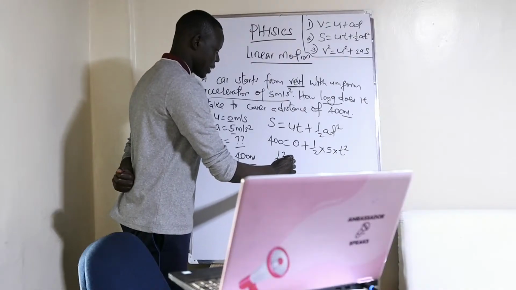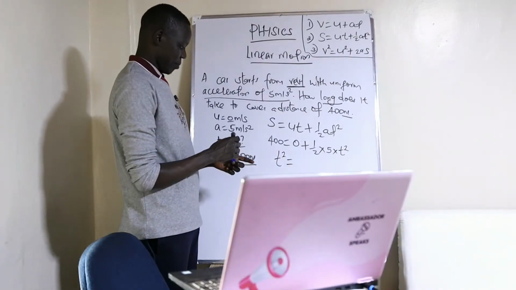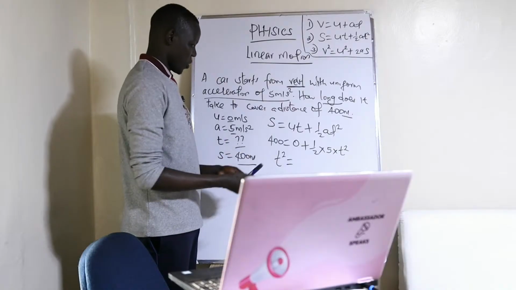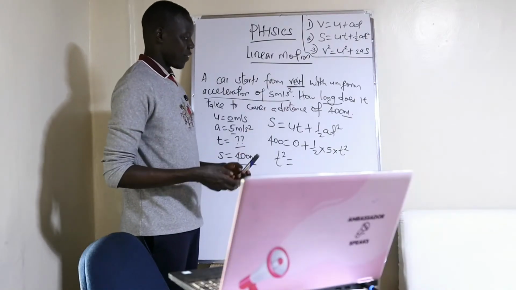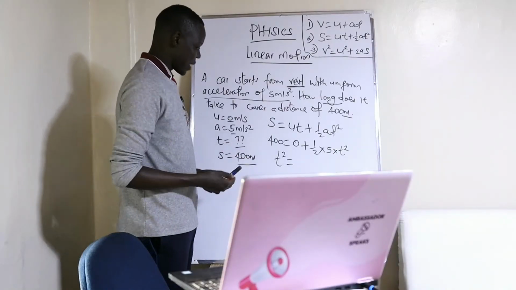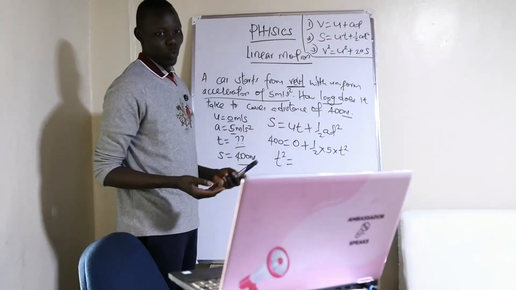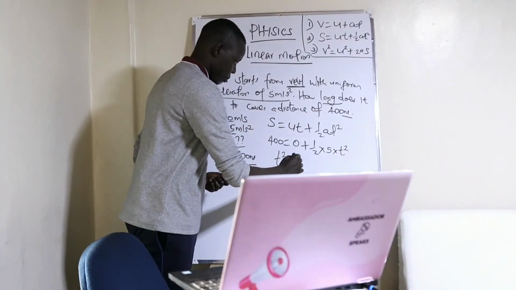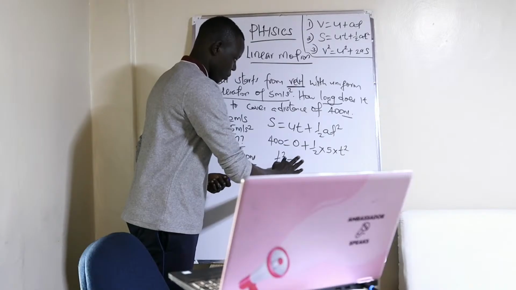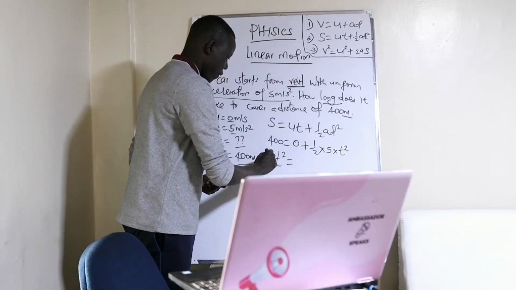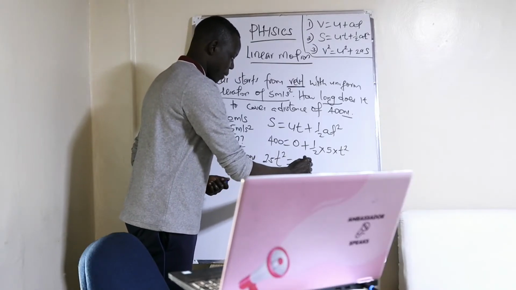Now let's do the mathematics. 400 is equal to half times 5 t squared. 400 is equal to 2.5 t squared, so 2.5 t squared is equal to 400.